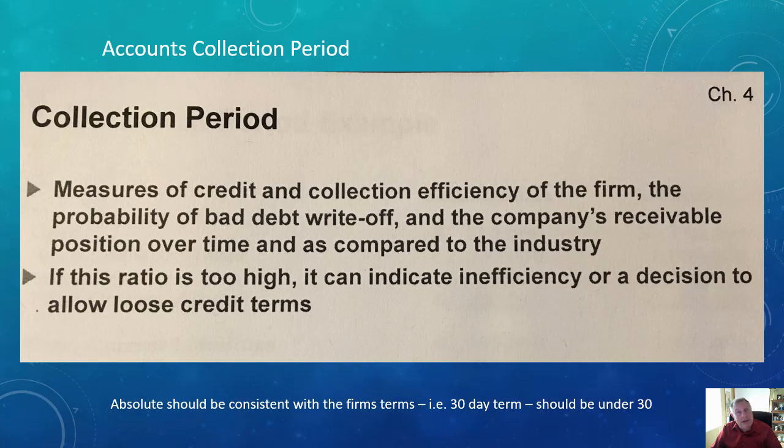Credit cards are collected in a day or two. So if we were to look at a restaurant company, we would expect the collection period to be a day or two, if it's even listed on the financials, because it turns fast. If we saw a McDonald's with accounts receivable of 20 days, something's wrong because they don't sell on credit. So we always have to come back and be consistent with the firm's terms.